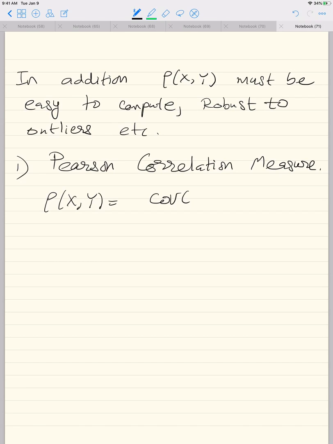It says that rho xy is the covariance between x and y divided by sigma x, sigma y.